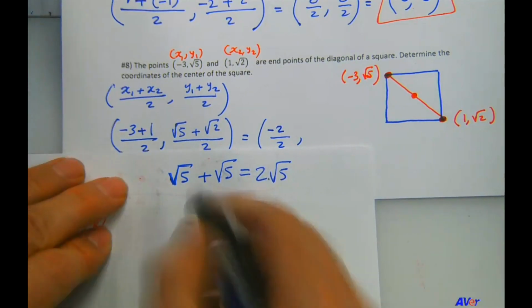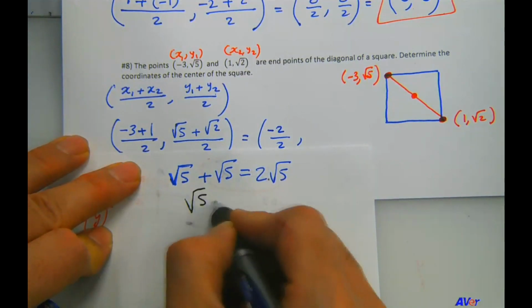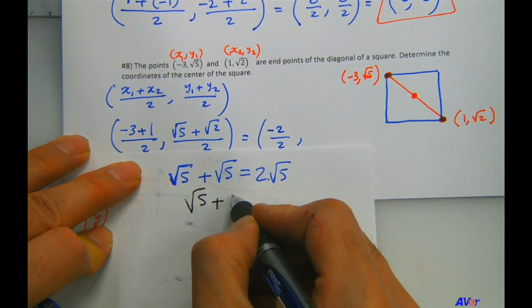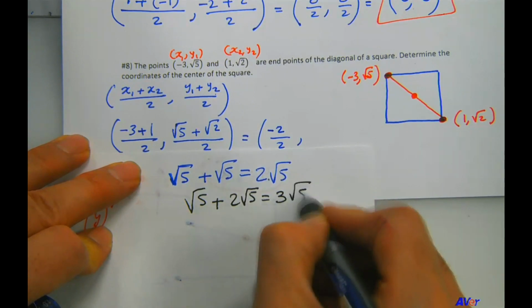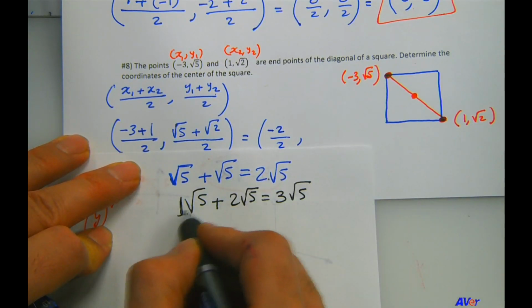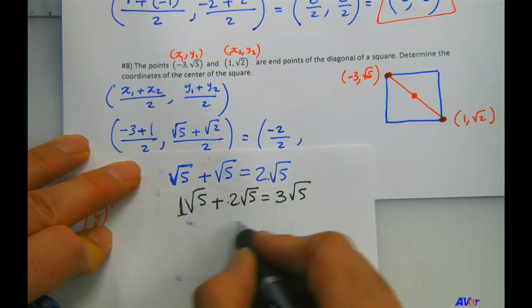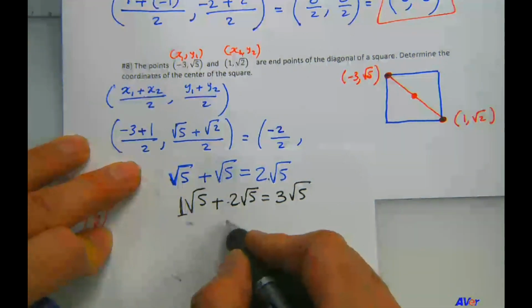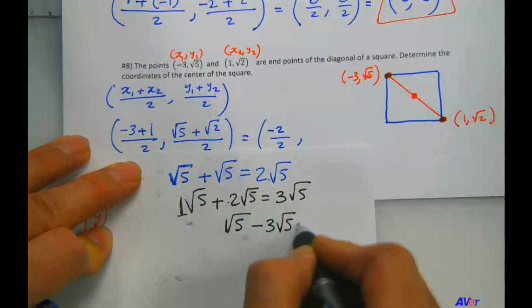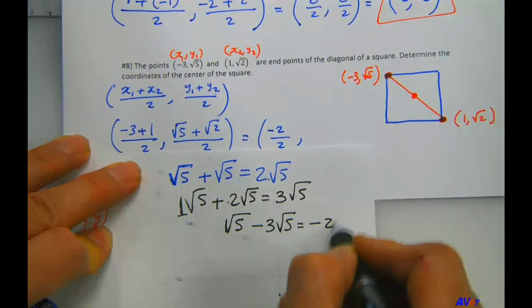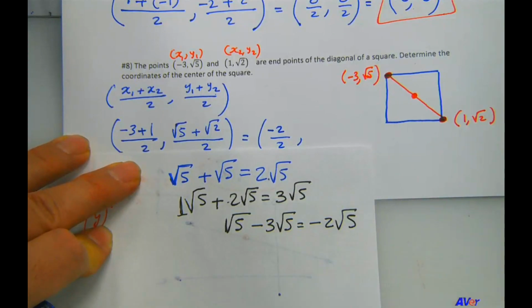If we had square root of 5 plus 2 square root of 5, you could say 3 square root of 5, because 1 plus 2 is 3. If we had square root of 5 minus 3 square root of 5, you could write minus 2 square root of 5.